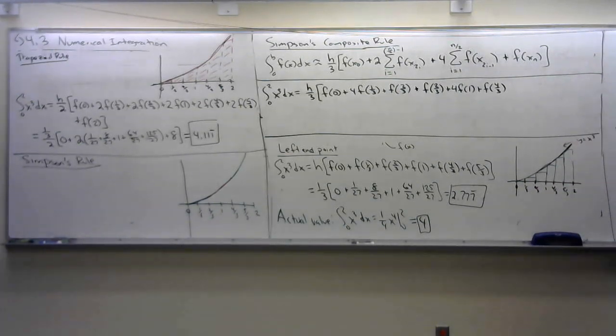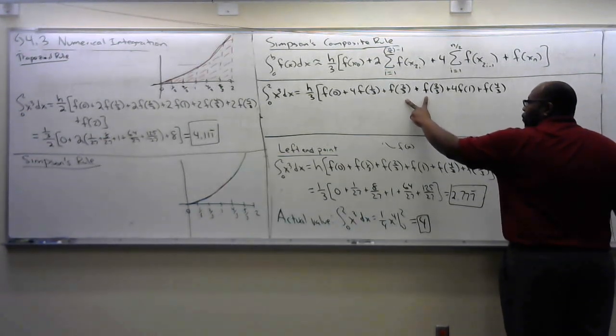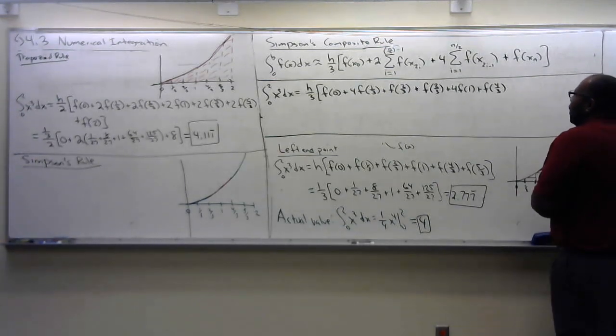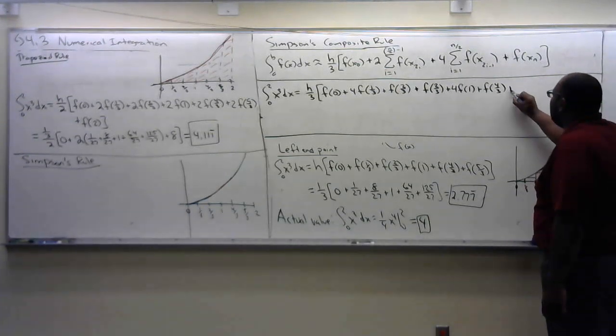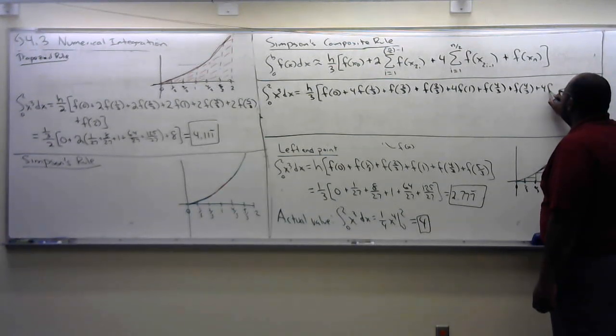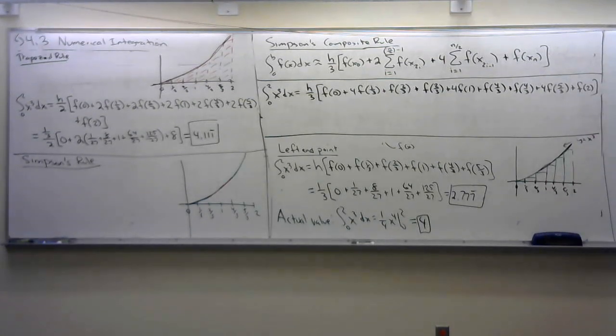What happens? These 2 terms repeat. This term right here repeats. So f of 2/3 and f of 4/3 is going to repeat right here when I do this one. Okay? And let me go ahead and write it out since it's already there. Plus 4 times f of 5/3 plus f of 2. Okay.